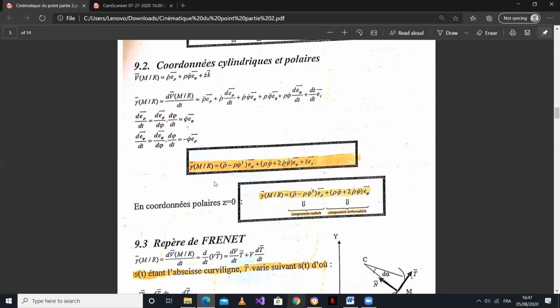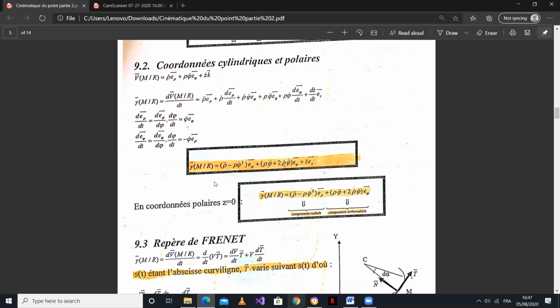We will be deriving angles par rapport au temps. We'll be deriving rho par rapport au temps. We'll have rho dot, rho double dot, phi dot, phi double dot. Same things. So if you understood what we did on the vector vitesse, the acceleration should not confuse you so much. It's going to take you a bit longer to find, but it should not confuse you much. So let's get right into the nitty-gritty.